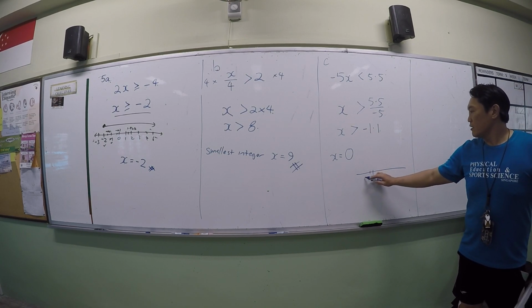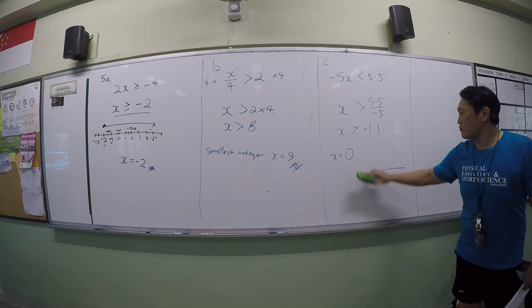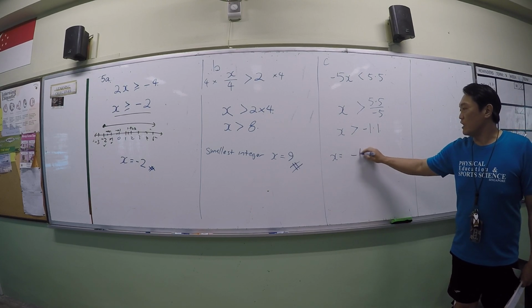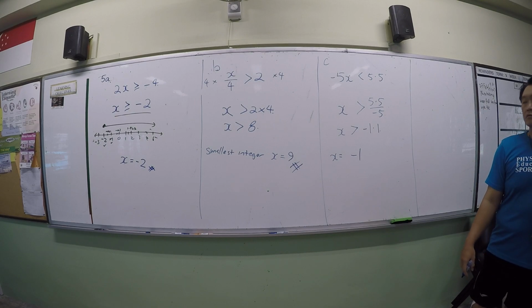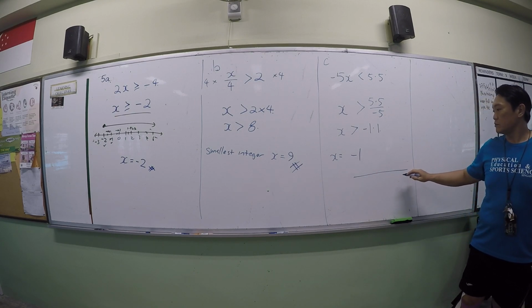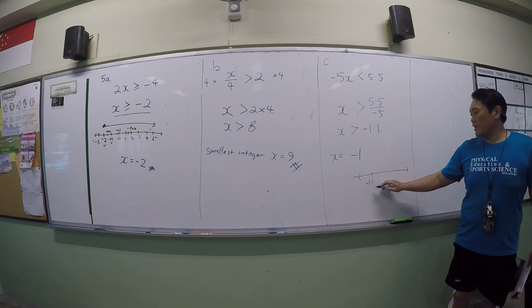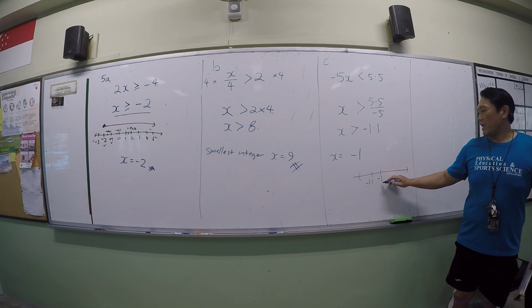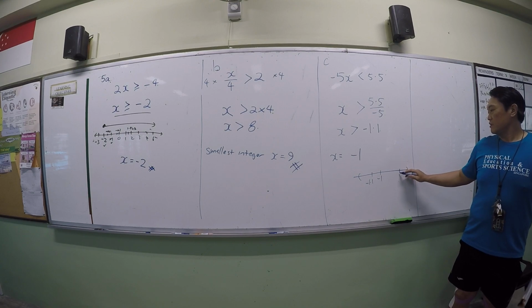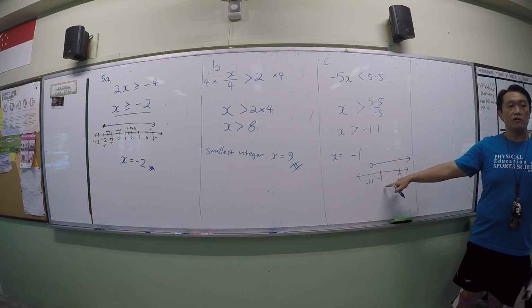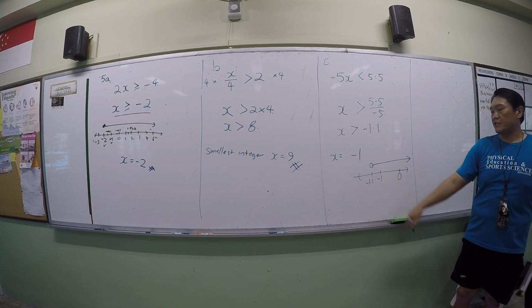Negative 1. Hey, sorry, I was wrong. It is negative 1. Okay, negative 1.1 is here, negative 1 is here, 0 is here. So I want all the numbers that are larger. So the next largest integer is negative 1.